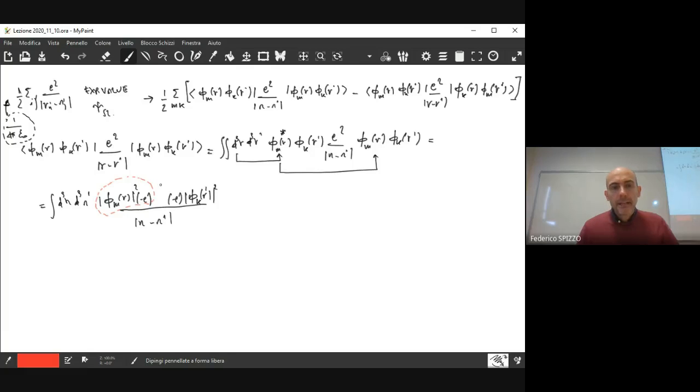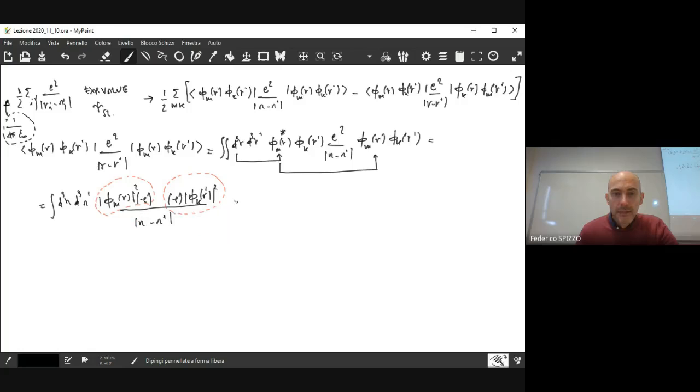So the phi m square modulus times minus e, you may consider to be the charge density corresponding to level m. And also here you have the equivalent of the charge density corresponding to level k.